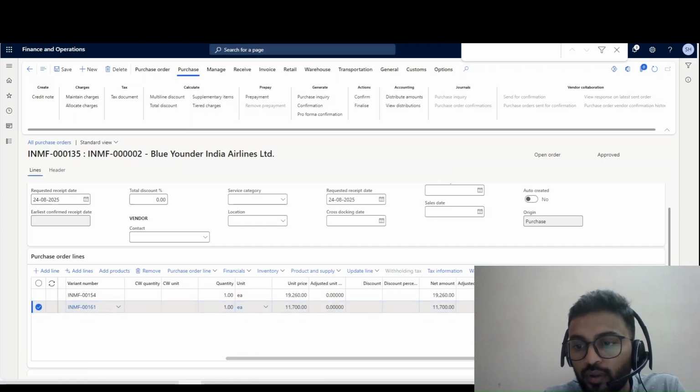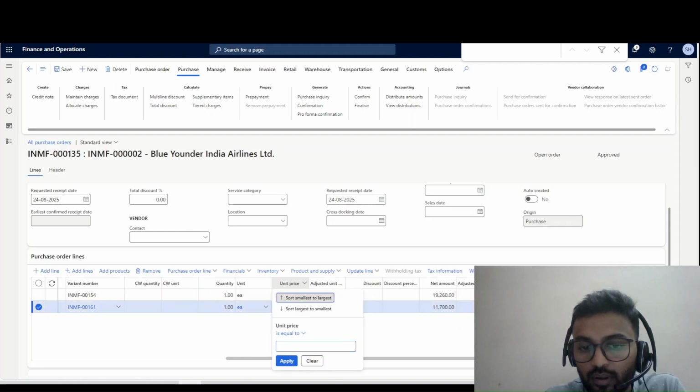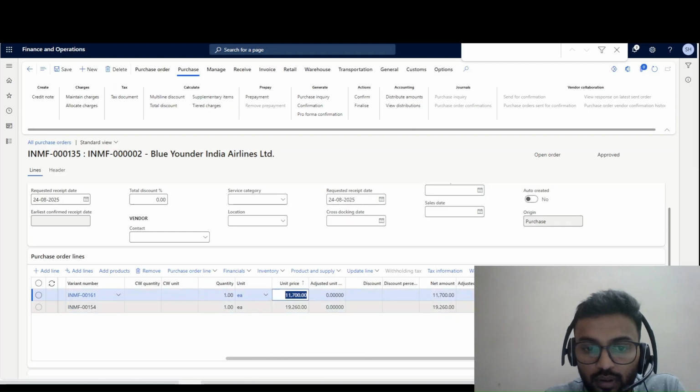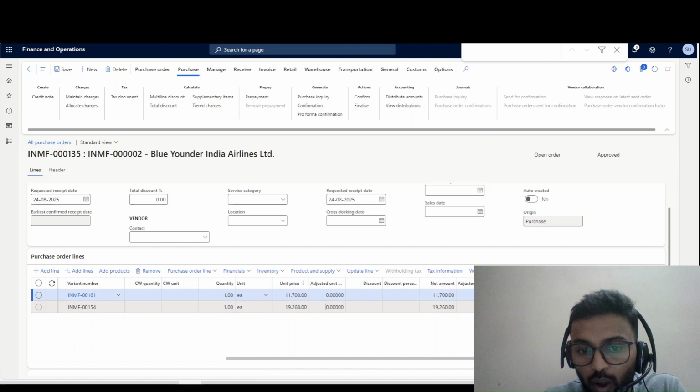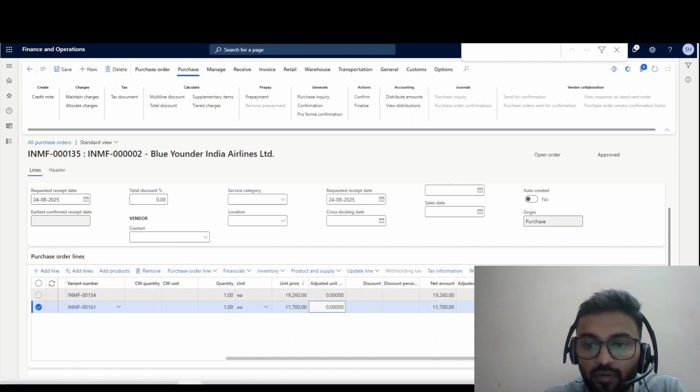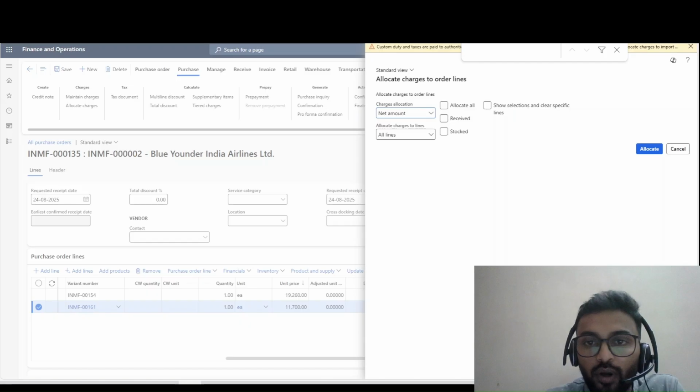Right now, if you see, there is some amount added into the accessible value. I will discuss that later. Now, there are two lines in my invoice.